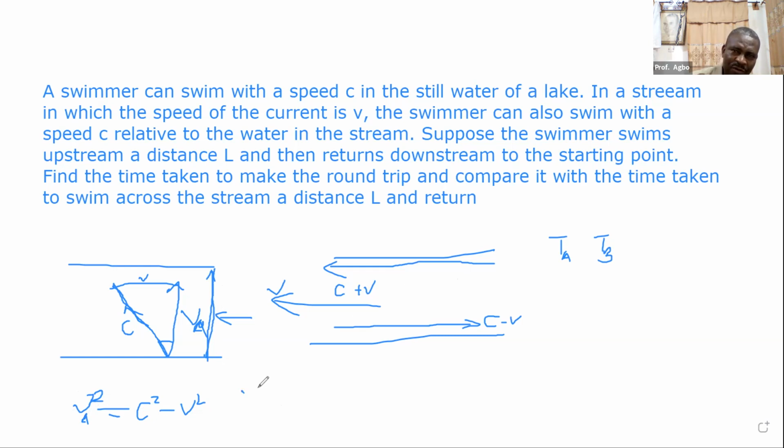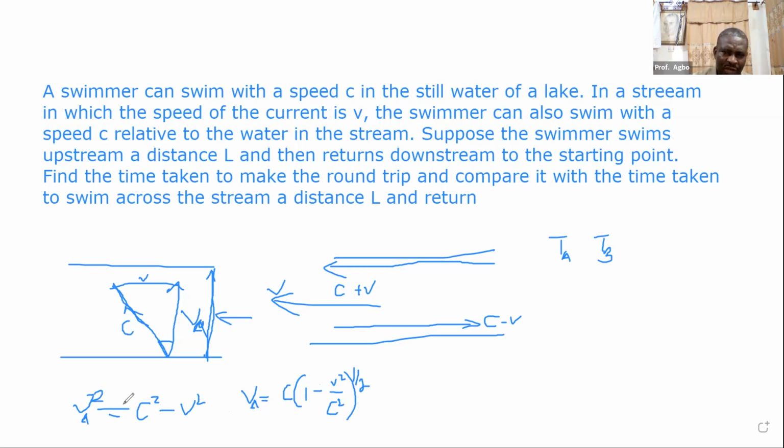What we are going to have is V_A equal to C into (1 minus V squared over C squared) raised to power 1/2. I don't know if you're asking questions on that.